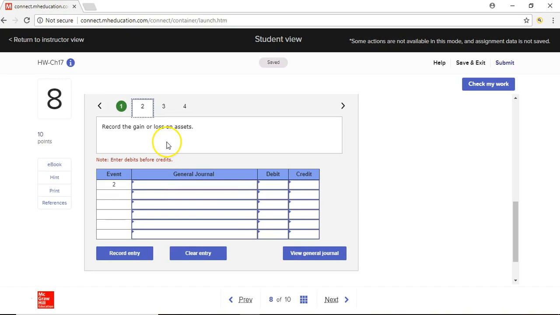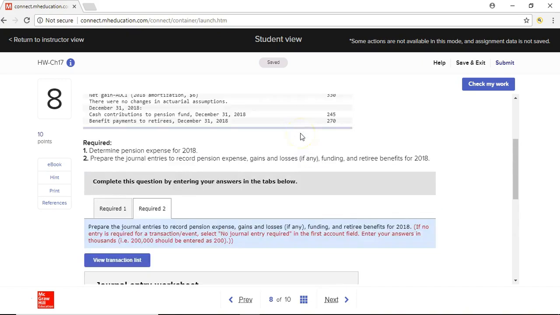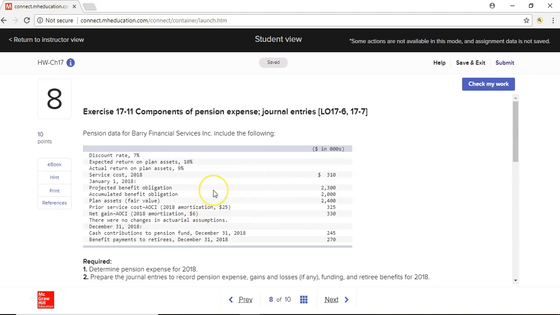Next journal entry says record gain or loss on assets. Gain or loss on assets is the difference between expected return on assets and the actual return on assets. Expected return was 10%, but the actual return was only 9%. So there is a loss of 1% of the plan assets. So 1% multiplied by beginning plan assets.